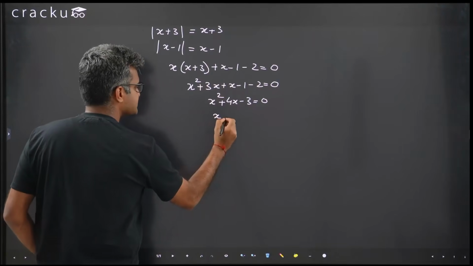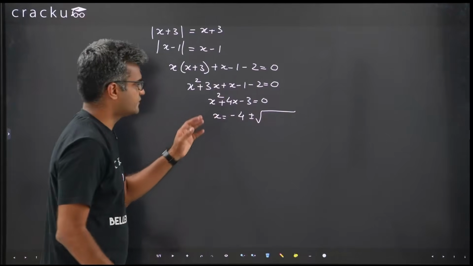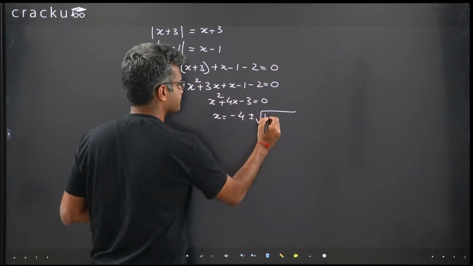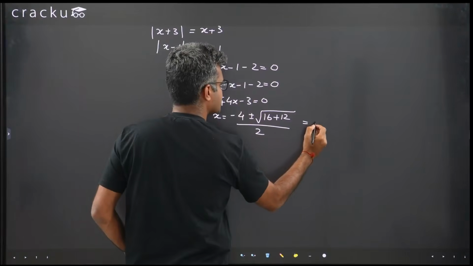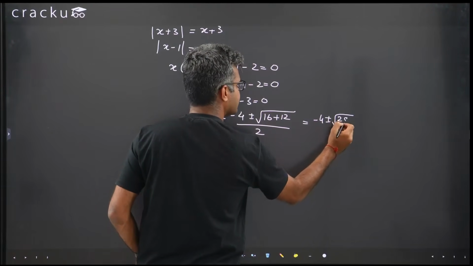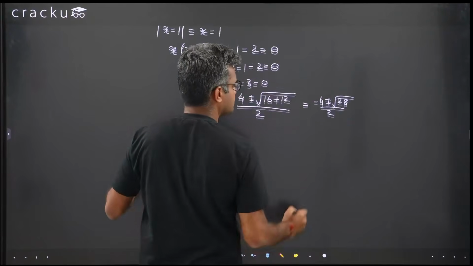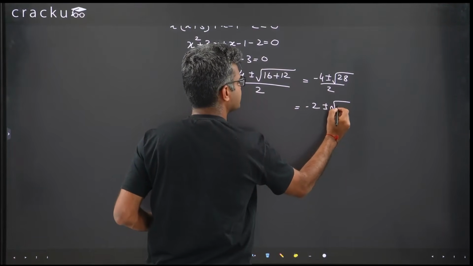Or the value of x is equal to minus 4 plus or minus square root of 16 plus 12 divided by 2. This is equal to minus 4 plus or minus square root of 28 divided by 2. This will equal minus 2 plus or minus square root of 7.